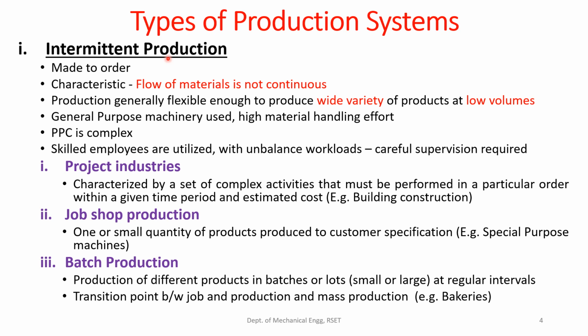And the cost involved in producing these products will generally be higher when compared to a product produced from a continuous production system, because this particular production system is not optimized for a particular product.